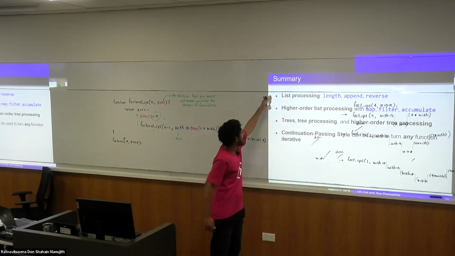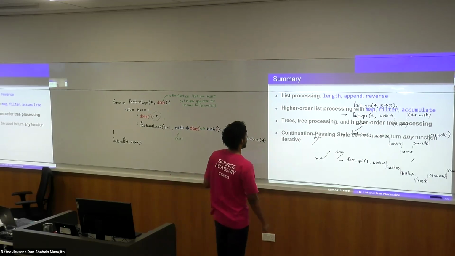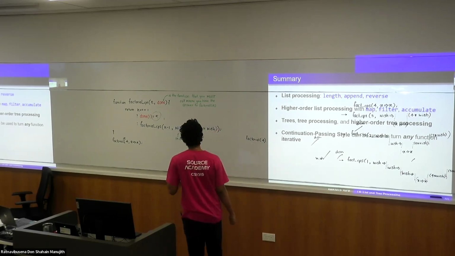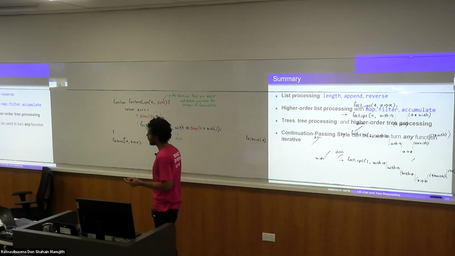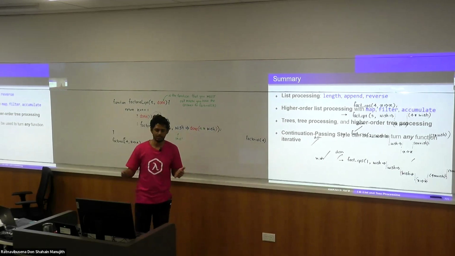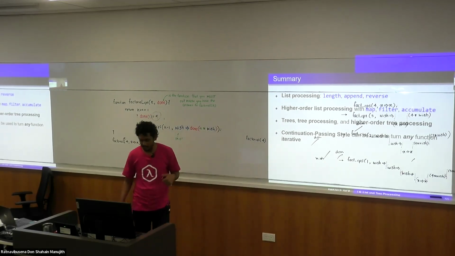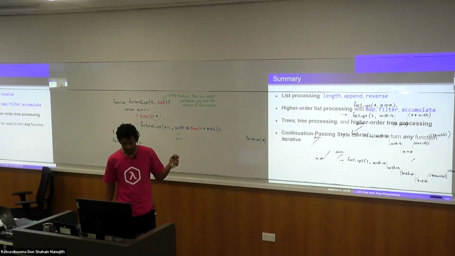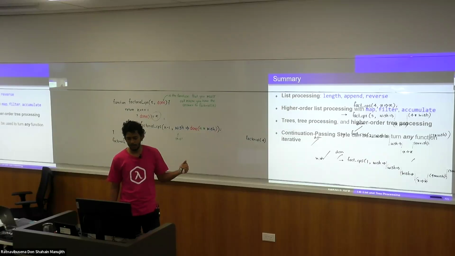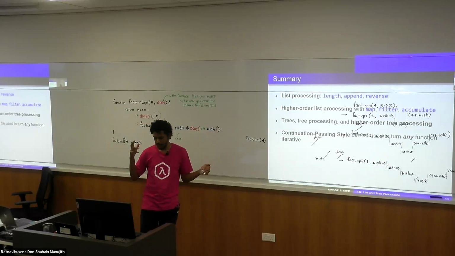The main takeaway is that using wishful thinking, you can write a lot of things without memorizing. As you can see, I didn't look at the definitions of anything, but just by looking at how to reduce problems into smaller problems, you can solve them.